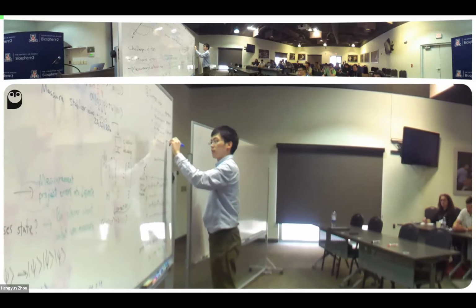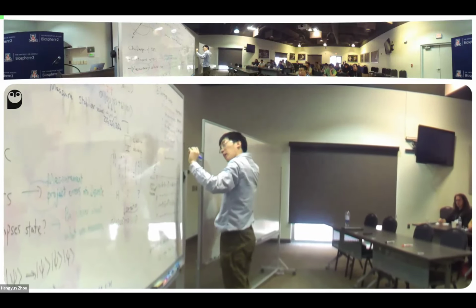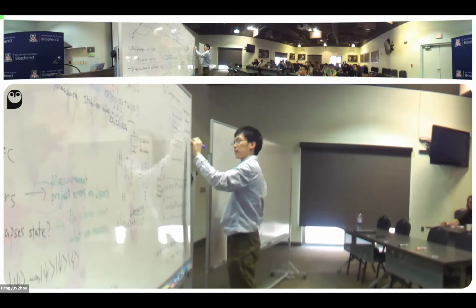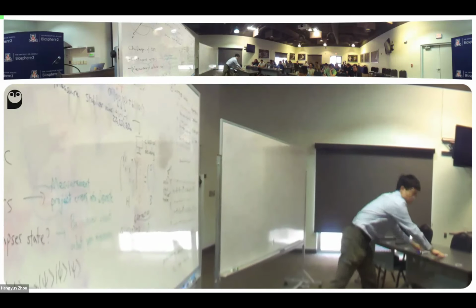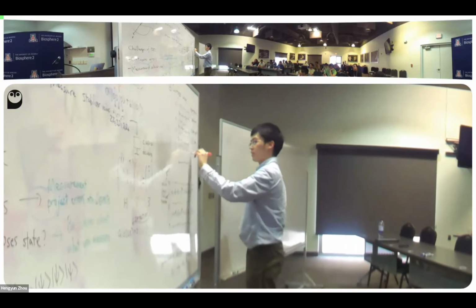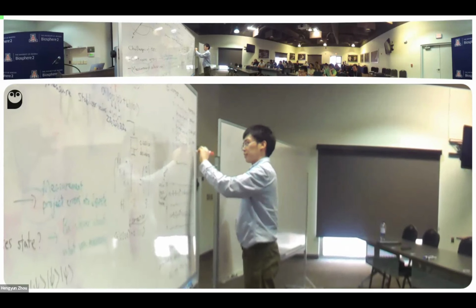The blue diamonds are, let's say, Z stabilizers. And the red squares are X stabilizers.